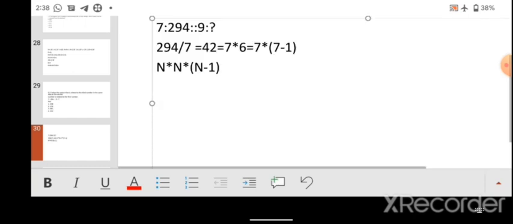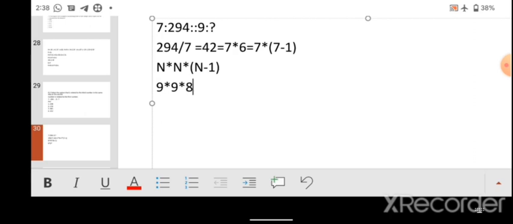So for 9, what will be the answer? 9 into 9 into 8. 9 times 9 times 8, which is equal to 81 times 8, which is equal to 648, which is the correct answer.